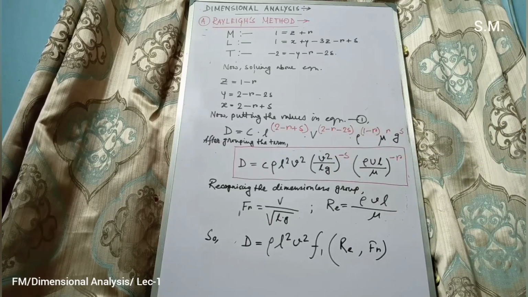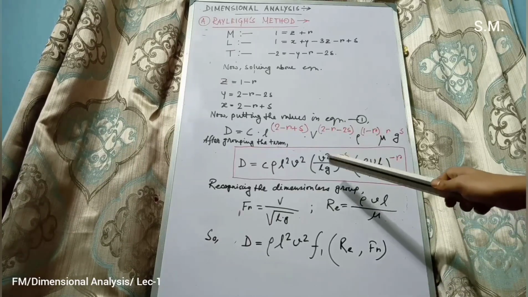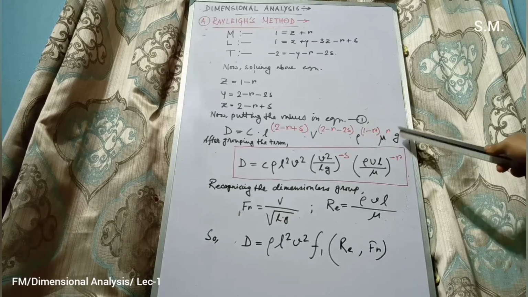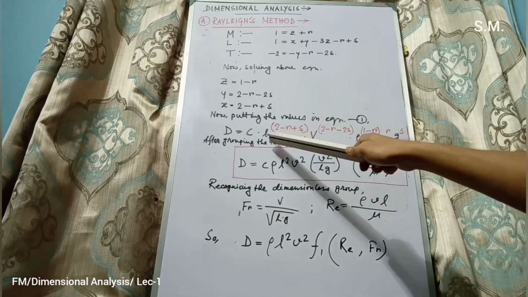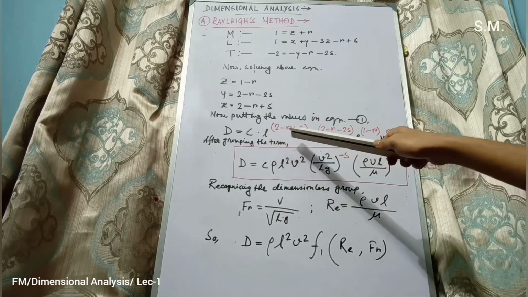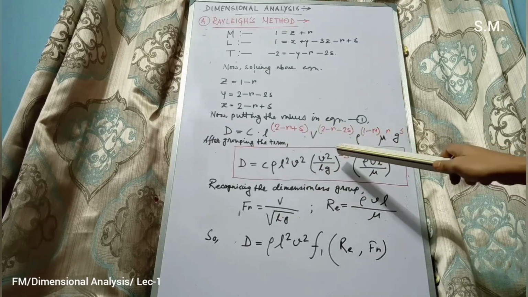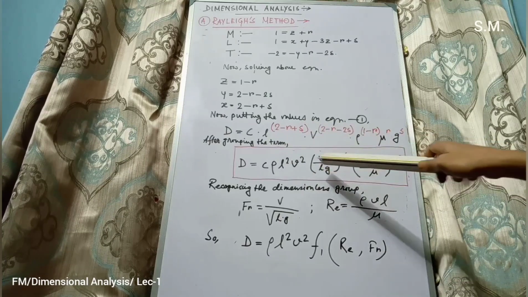After that we are finding the power of L and G. The power of L is plus S, so it is below the division line.